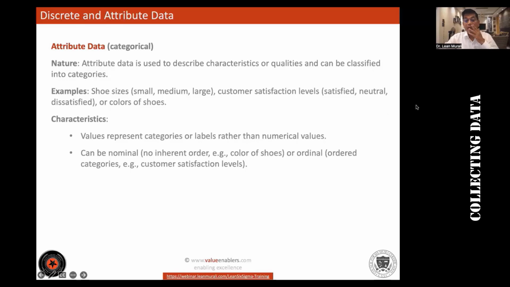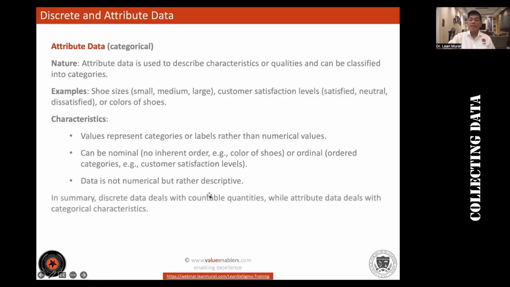It can be nominal also, with no inherent order, like the color of shoes: black shoes, brown shoes, white shoes, etc. The data is not numerical, rather descriptive. This is a very important word. Attribute data is categorical, it's not numerical, it's rather descriptive. In summary, discrete deals with countable quantities. Attribute deals with categorical characteristics.